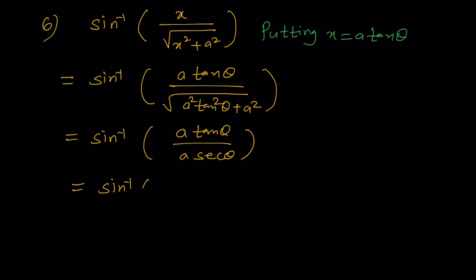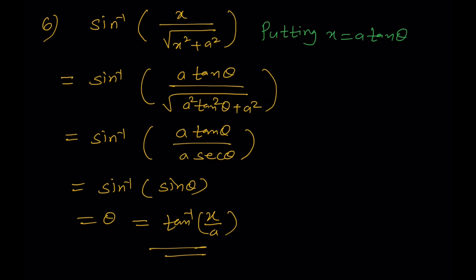So this will be a sec theta, and further if you write tan as sin by cos and sec as 1 by cos, you will have sin inverse of sin theta, which is nothing but theta, and theta in this case is, tan theta is x by a, so theta will be tan inverse of x by a.